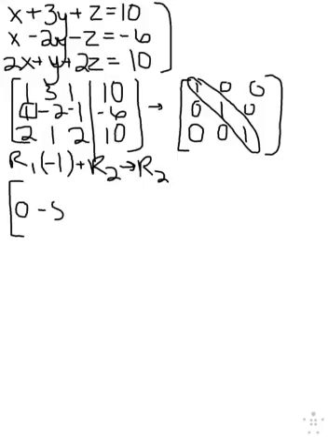And 1 times negative 1 is negative 1, plus negative 1 is negative 2. And 10 times negative 1 is negative 10, plus negative 6 is negative 16. And we'll just fill in the rest of the numbers.